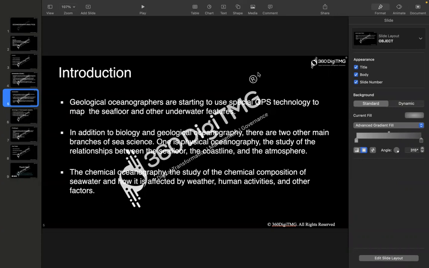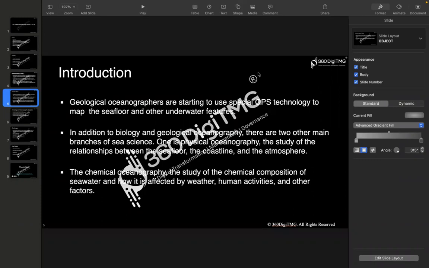So, in addition to biological and geological oceanography, there are two other main branches of sea science. One is the physical, which we have discussed, the study of the relation between the sea floor, the coast, and the atmosphere.